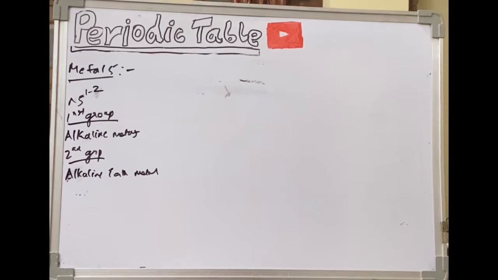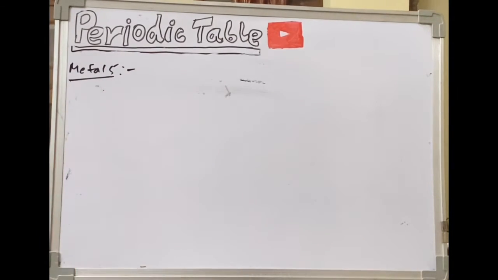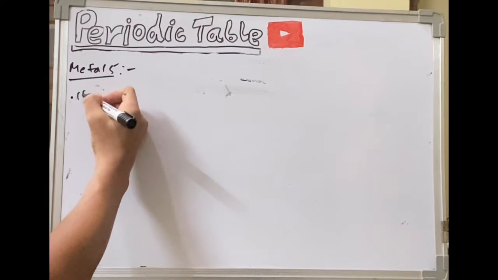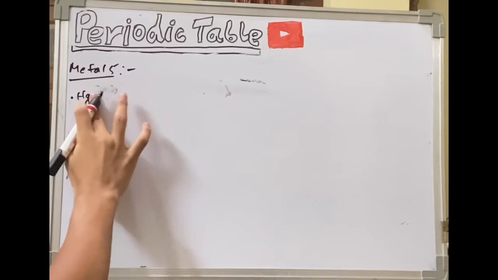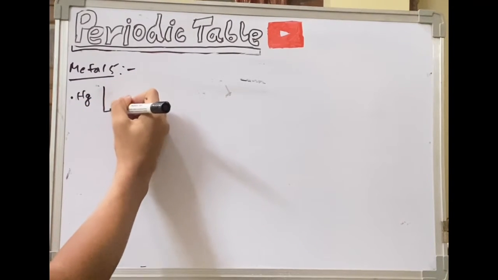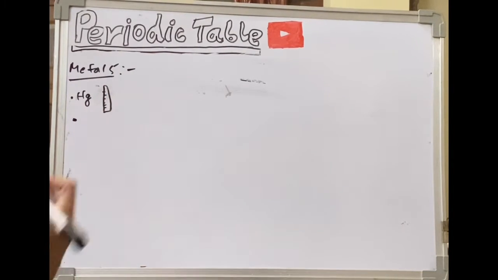So we have got some properties we have to discuss. Metals are generally solid in nature, but there are a few exceptions, like mercury. It's liquid at room temperature, Hg. Then high melting point and boiling point.